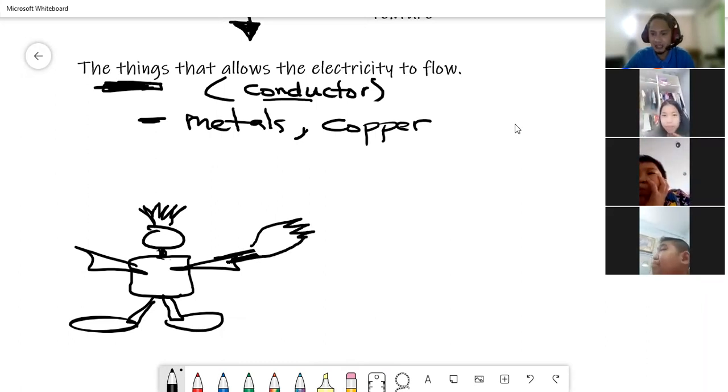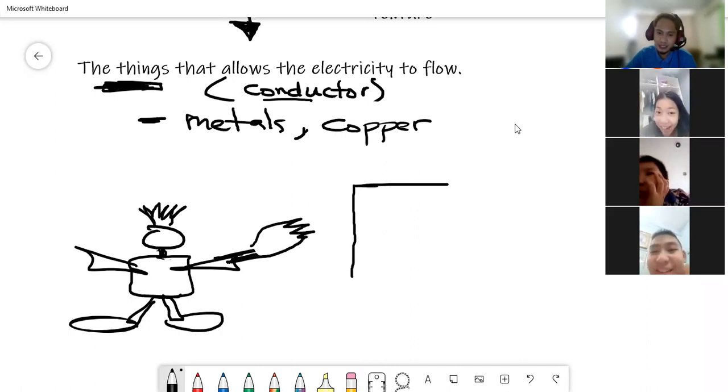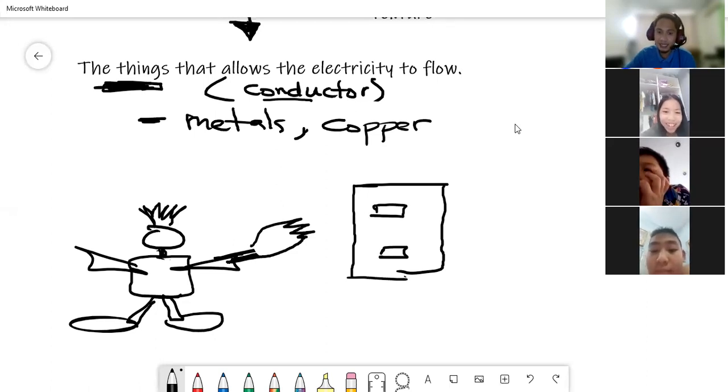Then Narungrit is confused. Narungrit is just a baby, or let's say 2 years old. Now Narungrit sees this at home, where you put the electricity. You see that one?